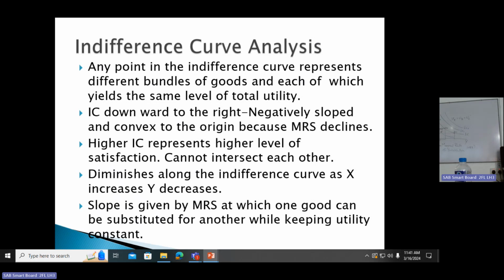Again, this point lies along IC1, the same level of indifference curve, the same level of satisfaction.